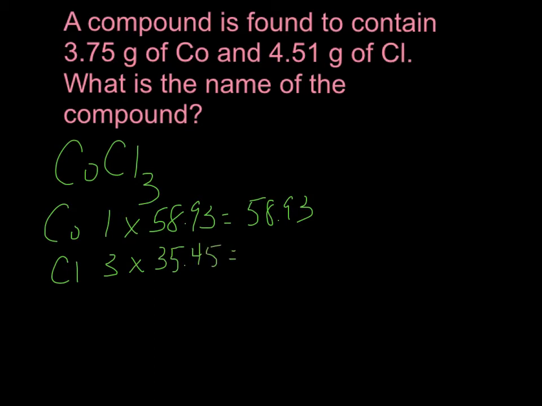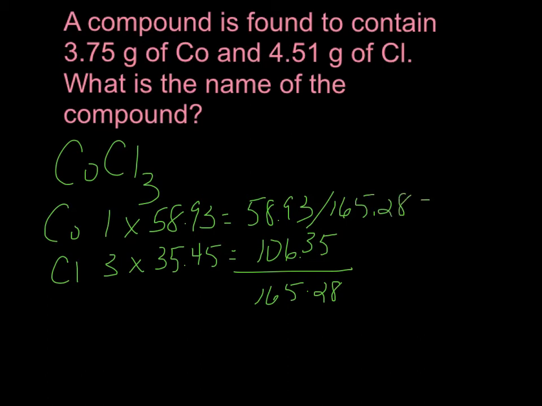Again, these numbers are coming from the periodic table. Okay, when I sum all of that, I get 165.28. And I'm going to figure out what the percent of each of those are by dividing both of them by the 165.28.